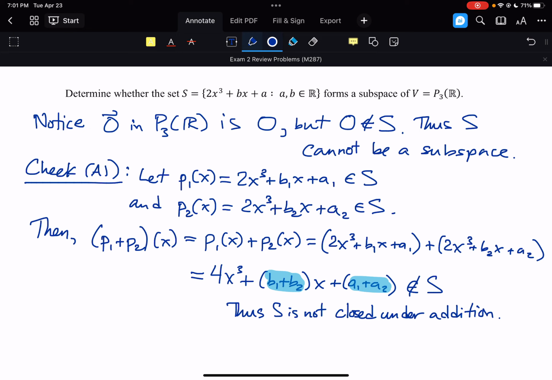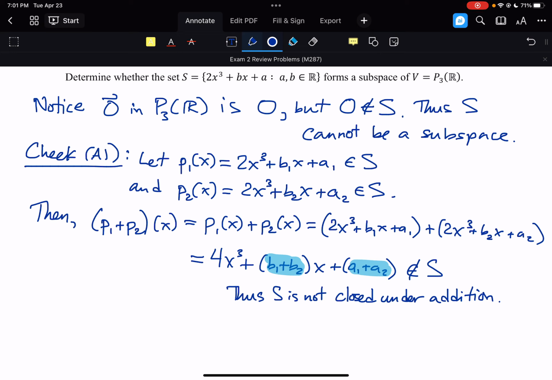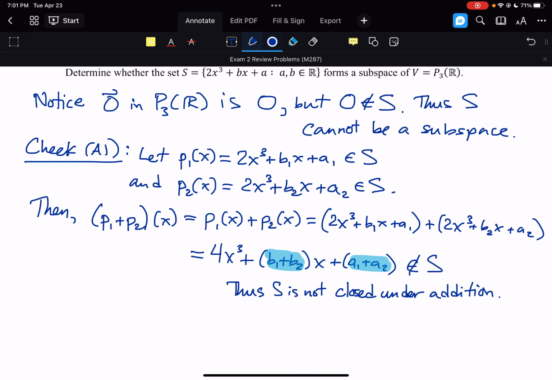If the question asked us to check A1 and A2 regardless, we would still have to go through this process, but you wouldn't have to do the whole thing if the question is asked like this. I'm just doing it for the sake of extra practice. So again, we don't need to check A2 here because the question doesn't ask us specifically to, but if we were going to check it, we would go ahead and establish a vector.